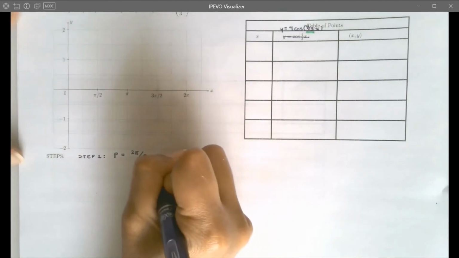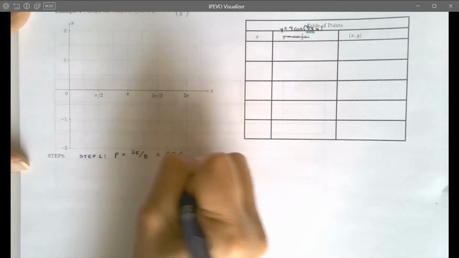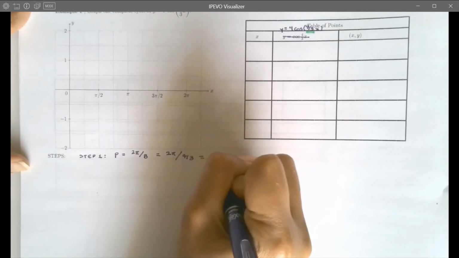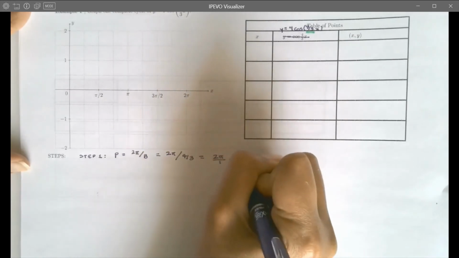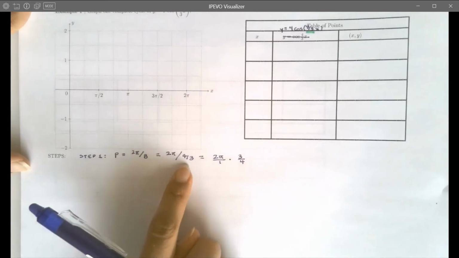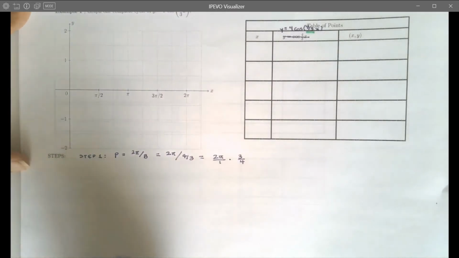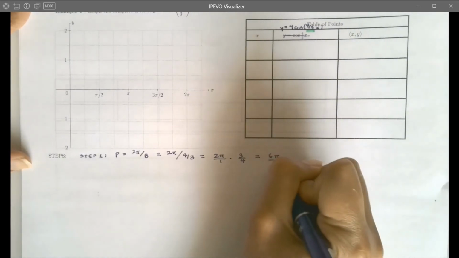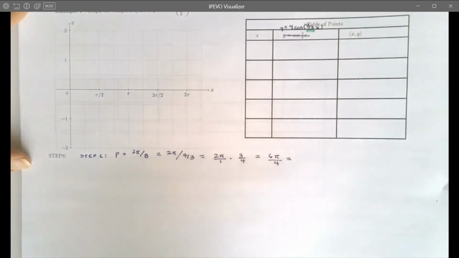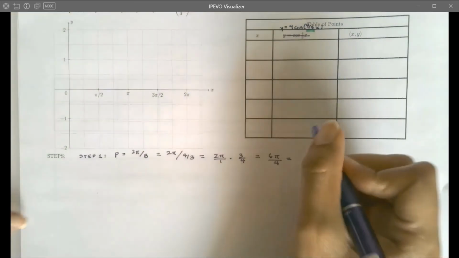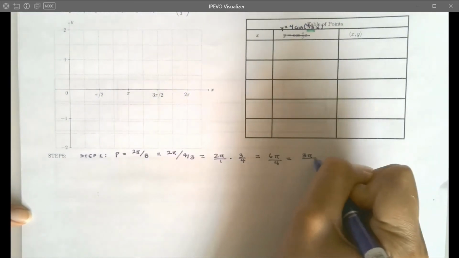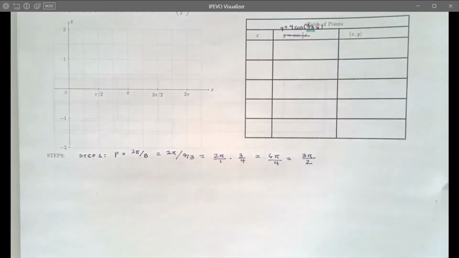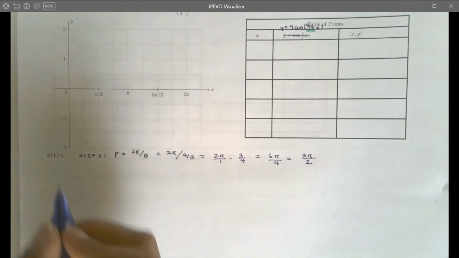So we have the period is 2 pi over 4/3, which is going to be 2 pi over 1 times 3 over 4, because we're simply multiplying by the reciprocal of 4/3. Okay, so that's going to give us 6 pi over 4, which if we divide top and bottom by 2, is going to give us 3 pi over 2.